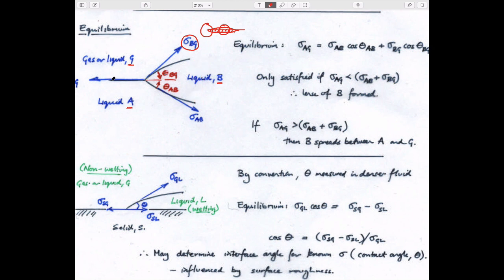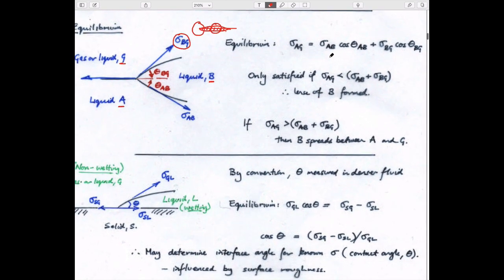And pulling in this direction, we have the interfacial tension between the gas and liquid A. And so if you just do a force balance where you realize that this has some angle, theta, then this is the expression that defines equilibrium.